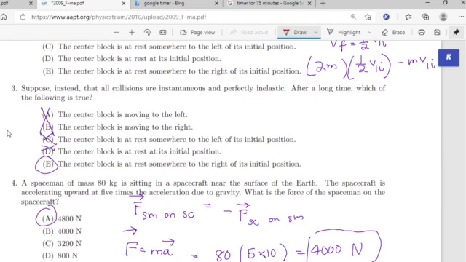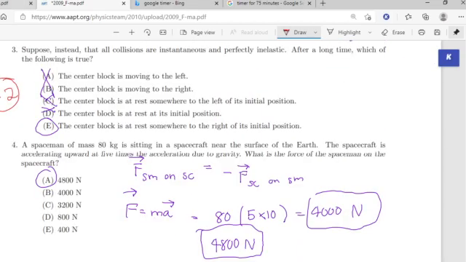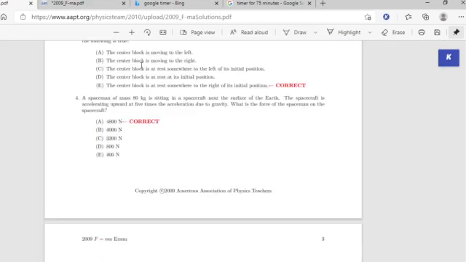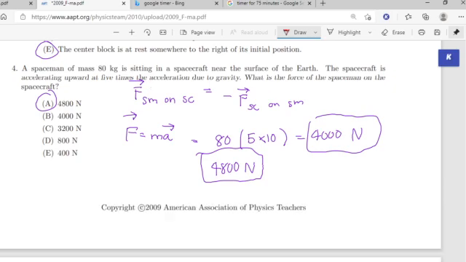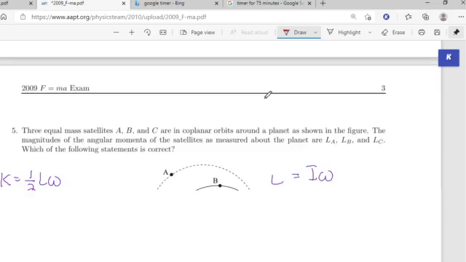Okay, 3 is my second correct one, so it's +2. 4 is A, and I got A, so that's +3, because I'm going to do it one by one.